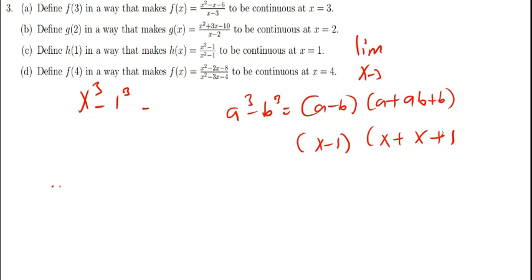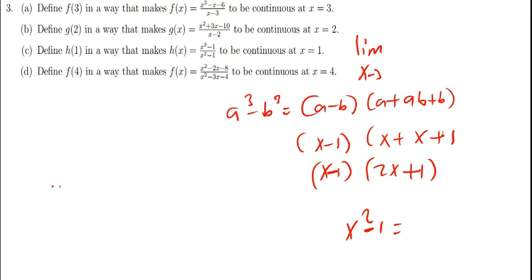So that is the same as x minus 1 times the quadratic, with 2x plus 1 like that. I'll replace the numerator, the top, with this. Then the denominator is the difference of two squares, so that is x minus 1 and x plus 1.